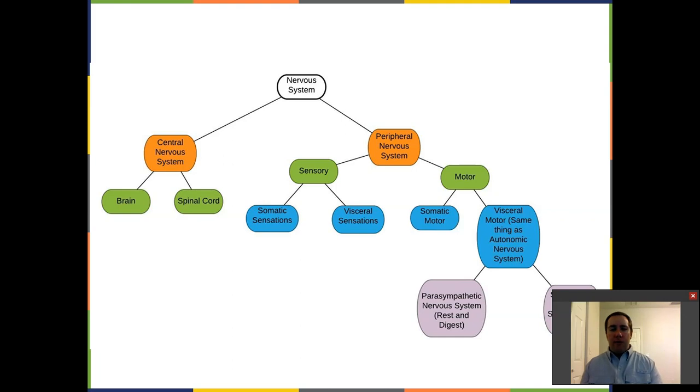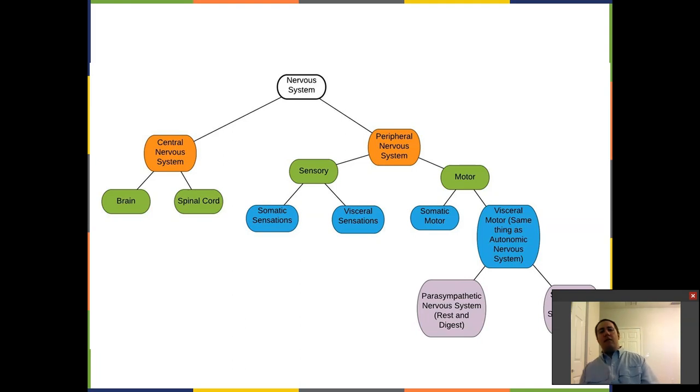The central nervous system is made up of the brain and the spinal cord, and nothing else. Even if it is attached to the brain or attached to the spinal cord, if it is not in the brain or in the spinal cord, it is not the central nervous system. And anything that is not in the central nervous system must be in the peripheral nervous system.